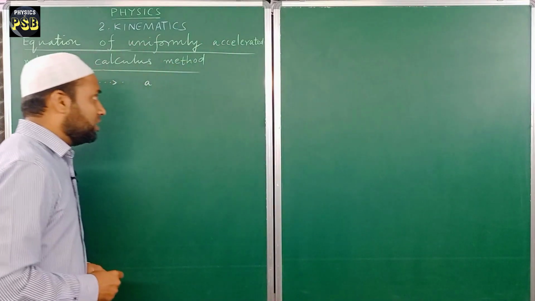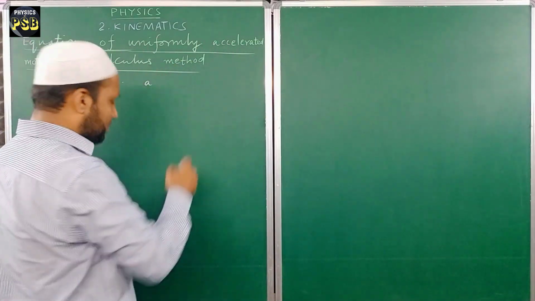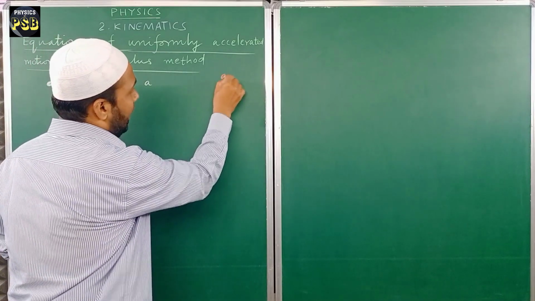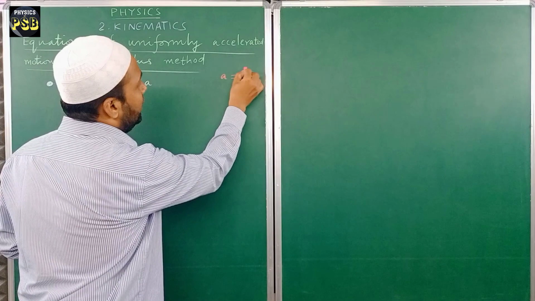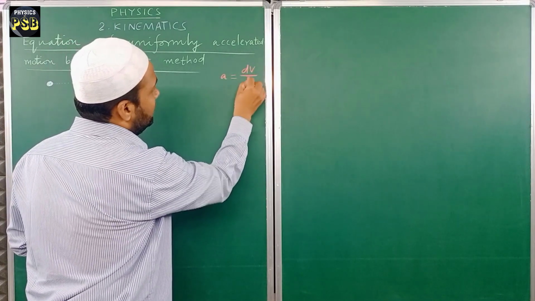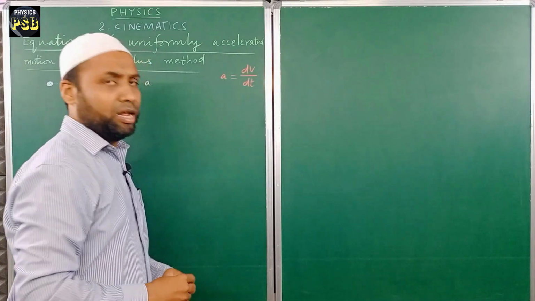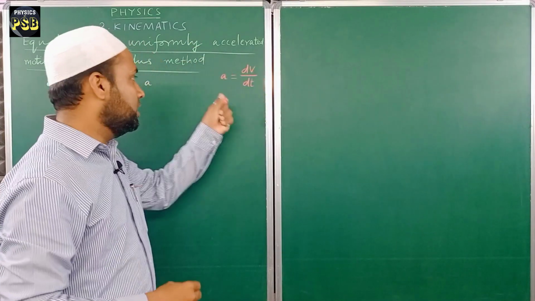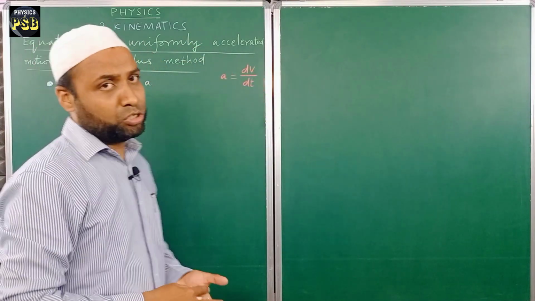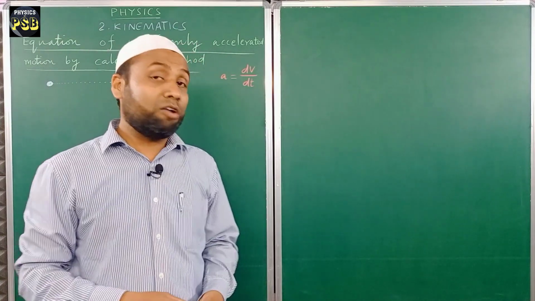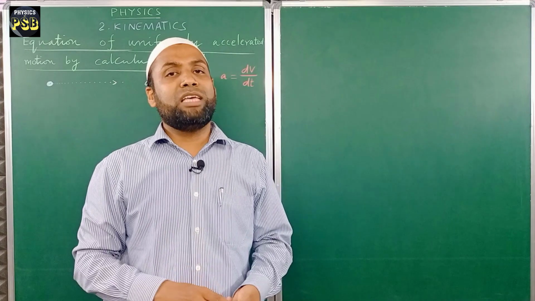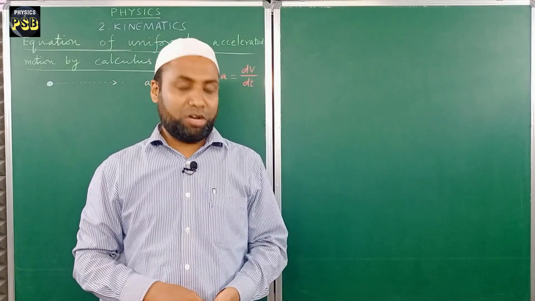How do we represent this mathematically? Using an equation, we represent acceleration as dv upon dt. This is the first order derivative of velocity with respect to time. Whenever the velocity of a moving object changes with time, we say that the object is under acceleration.